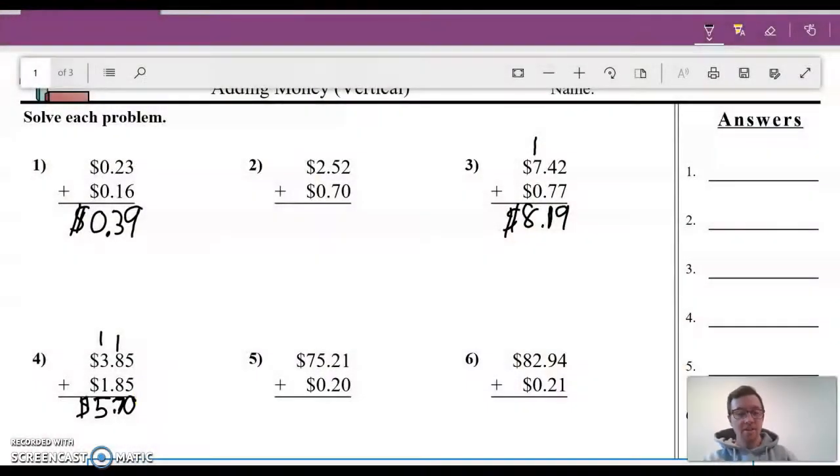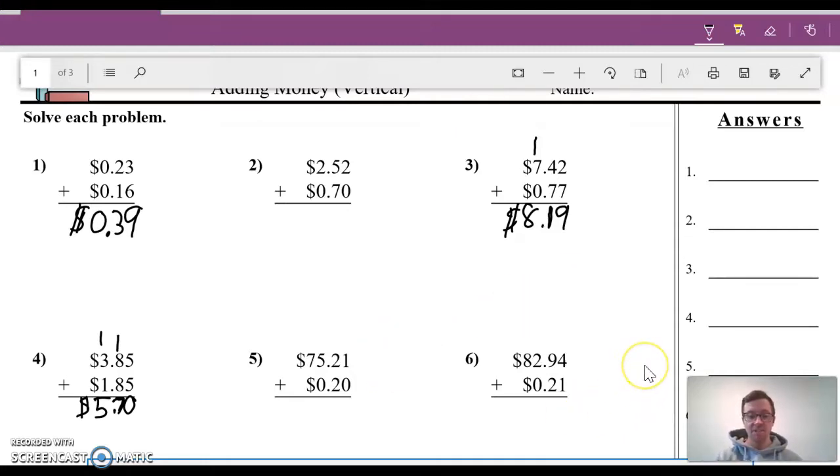Those of you who want to challenge yourself, when you're doing your packet paper, say for an answer like number 4, you had $5.70. If you want, you can go ahead and show me or practice with yourself what the best way to make $5.70 would be. So in this case, we would use a $5 bill, right? So we just use 1 $5. And then remember, we want to use the least amount of coins as possible.